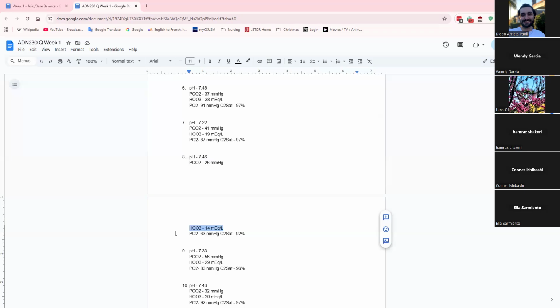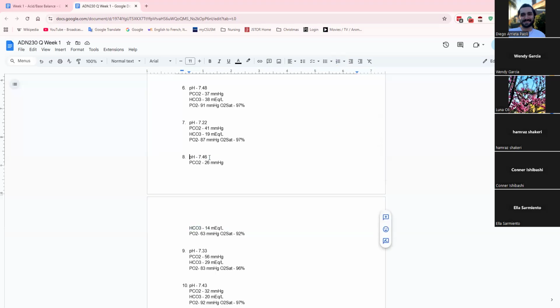This is a partial, so let's discuss why that's the case. We know that it's not a full compensation because our pH is abnormal, so we could remove that one entirely.